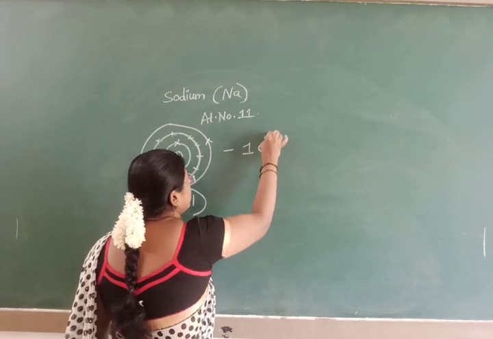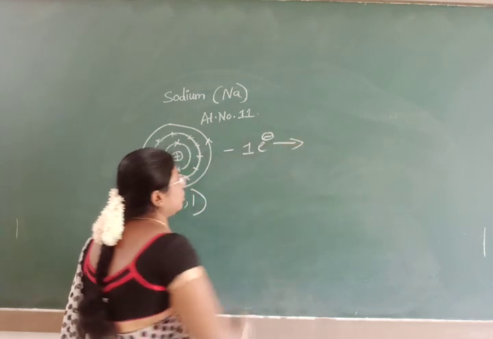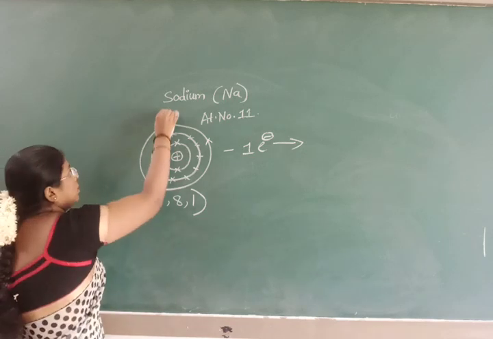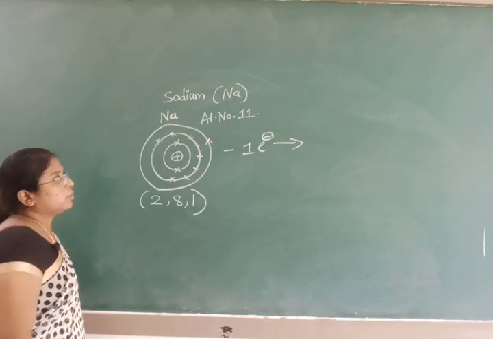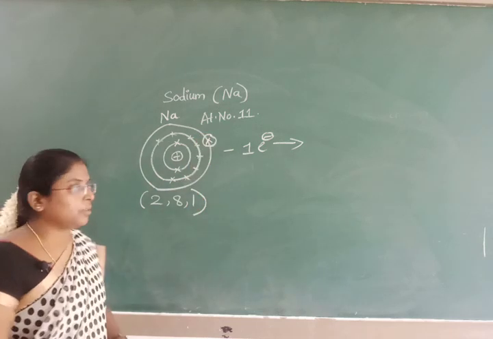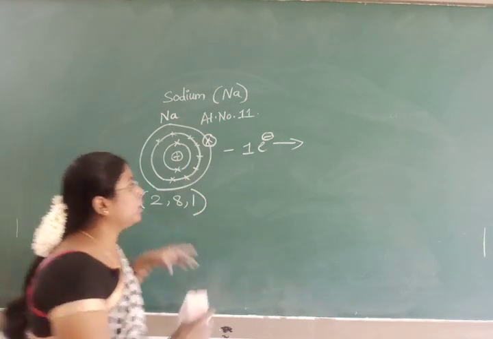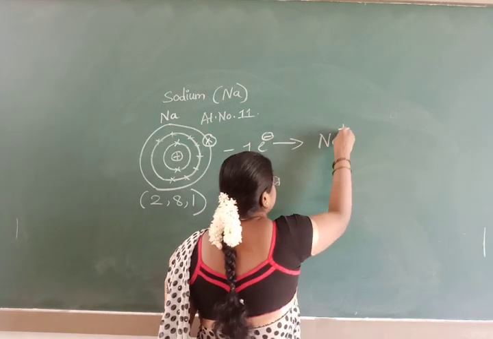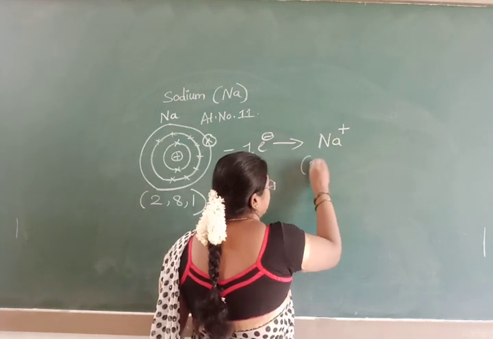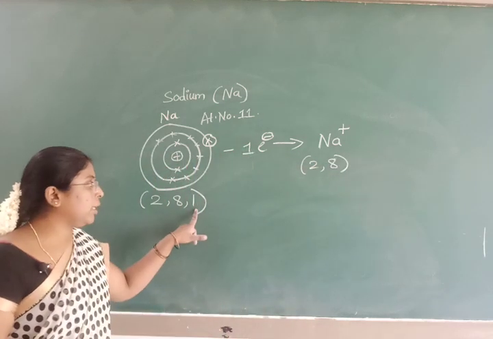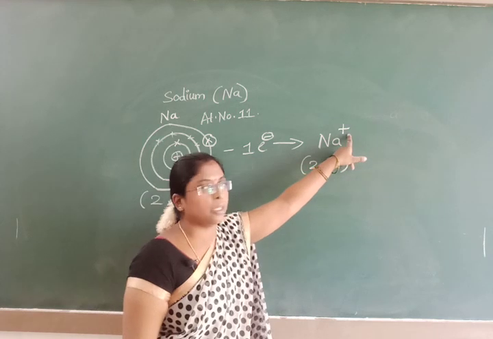Sodium, symbol Na, loses its valence electrons to attain stability. After losing 1 electron, the charge becomes plus 1 because it has lost 1 electron, hence it forms Na plus.